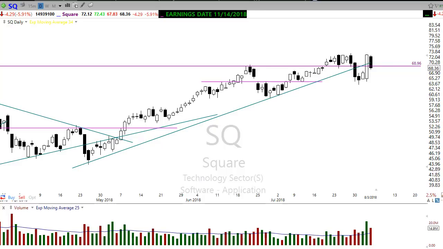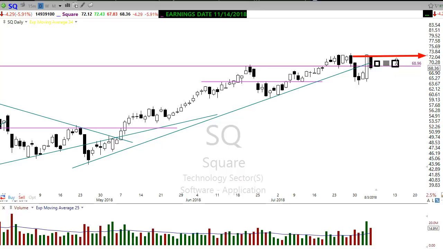So if this were to rest now, for example, if this kind of bounces around here and goes sideways, holds on to this support level for a few days, I don't know what the candles would look like. There'll be all different places and sizes and stuff in here. If that holds in here, what I will do is place a price alert on my chart, actually a little bit lower than that.